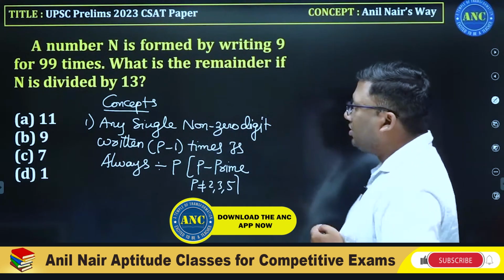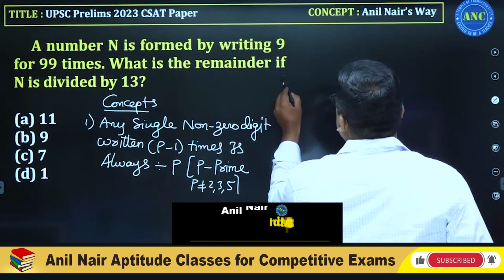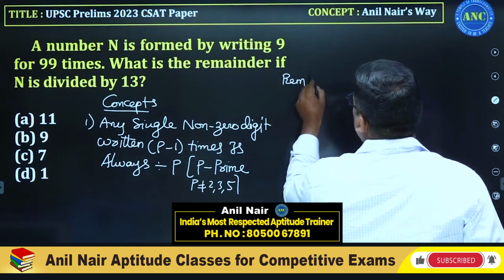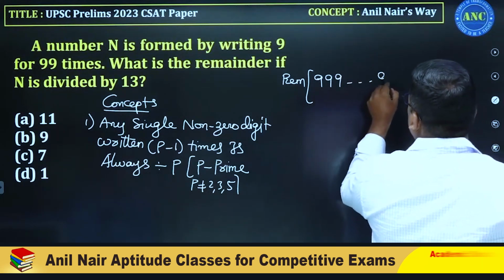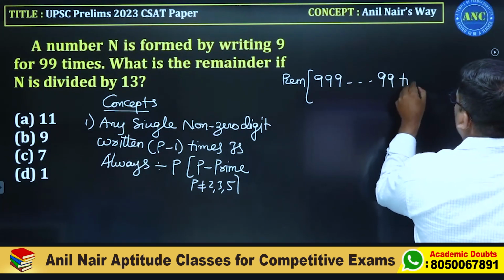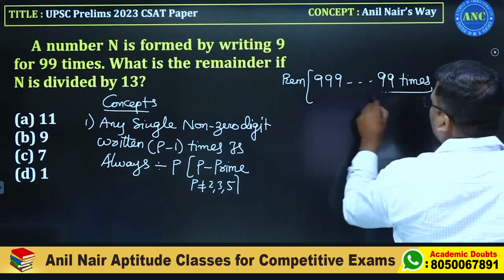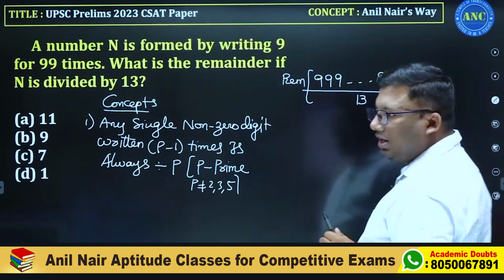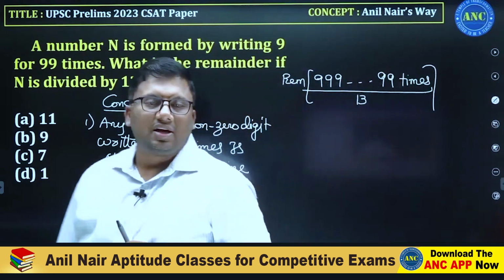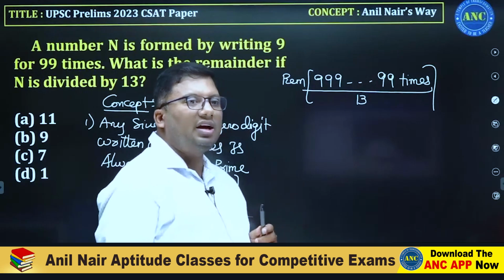Now see here. Suppose the question is: what is the remainder when 9 is written 99 times, divided by 13? What is the denominator here? 13.